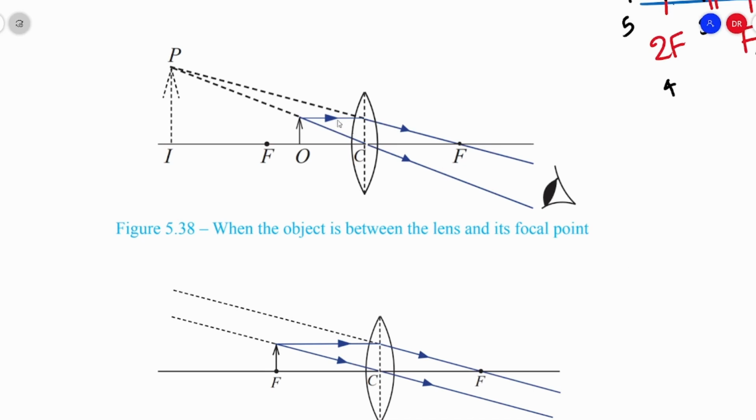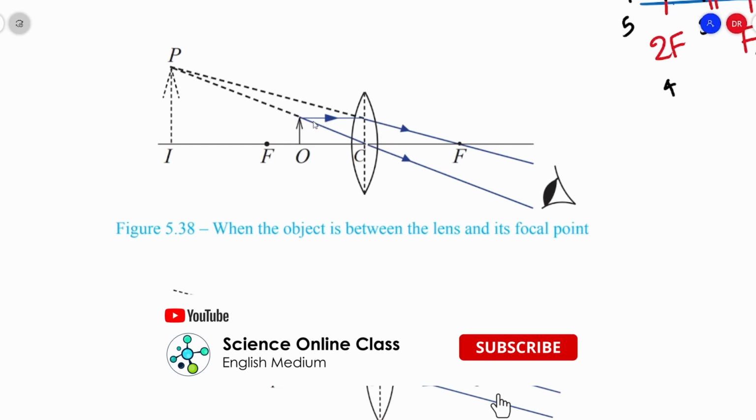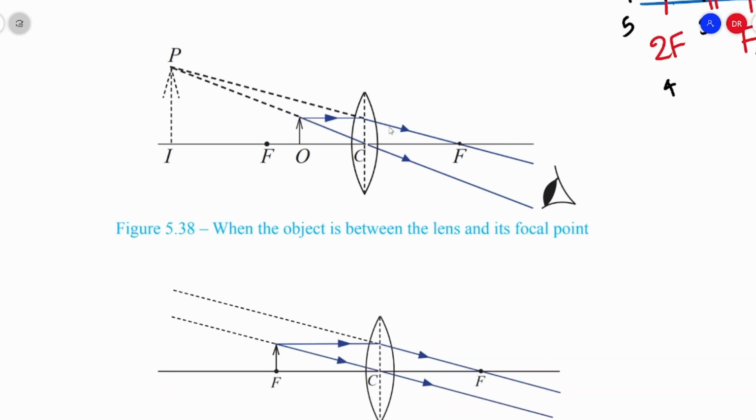Then the other thing, we are using dotted lines. Why are we using these dotted lines? The reason is this image is virtual. Virtual means this image cannot be formed onto a screen. Therefore we are using this dotted line, because you can see the light rays are not actually meeting at this point.